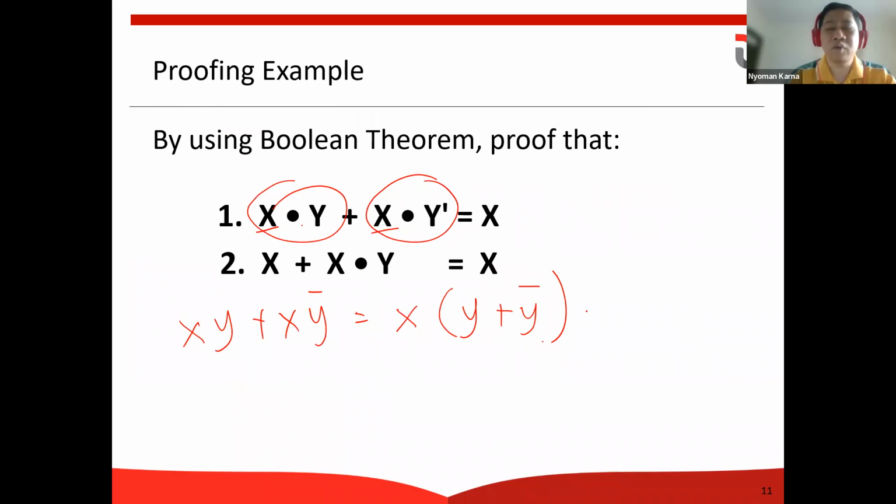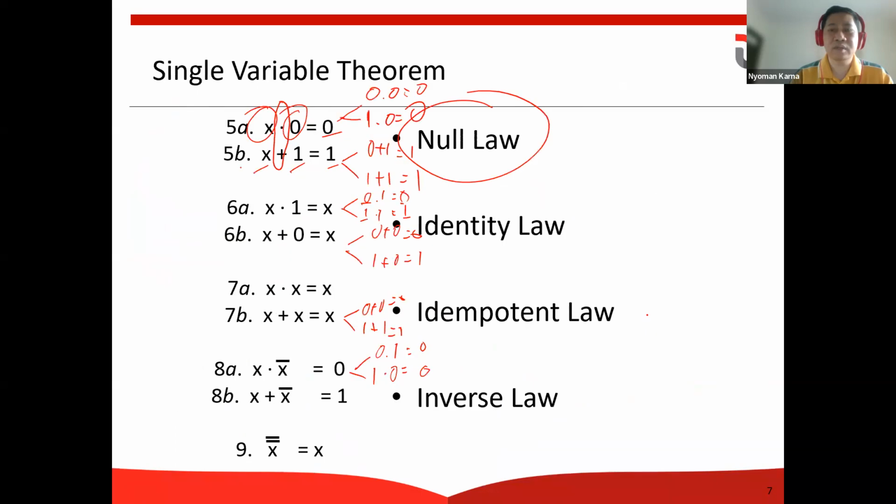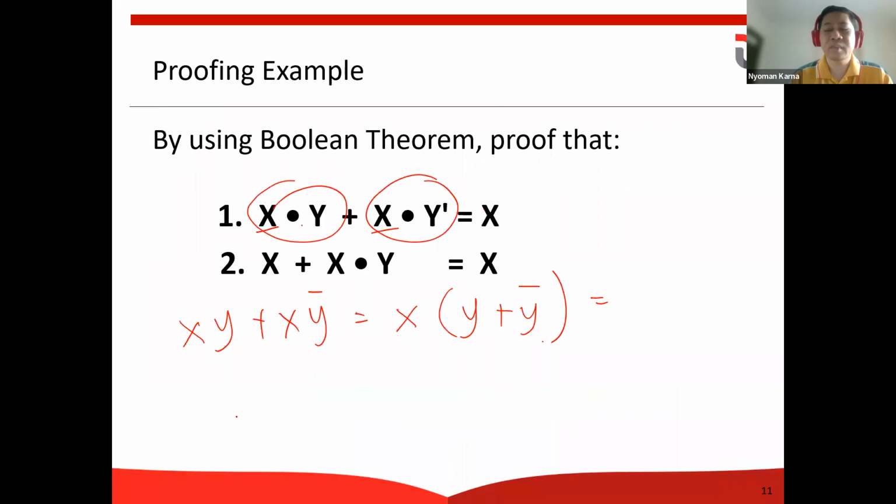And remember, y plus y naught is 1. Remember in the theorem, where is it? This one, the inverse law, x plus x naught is always 1. So y plus y naught is always 1.